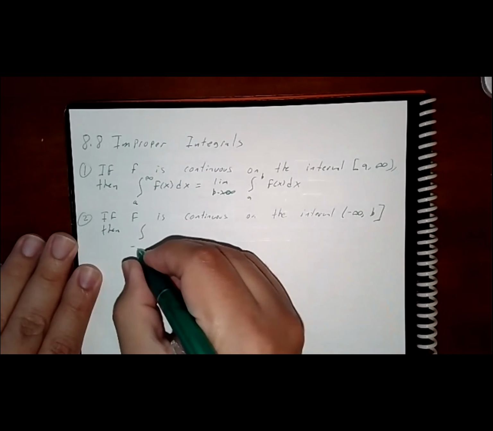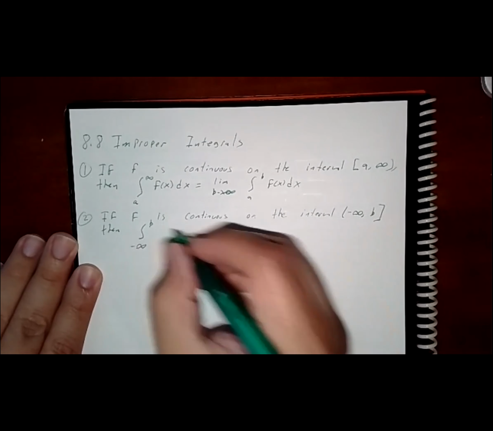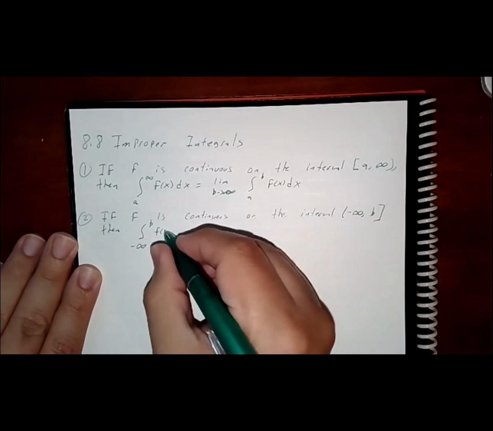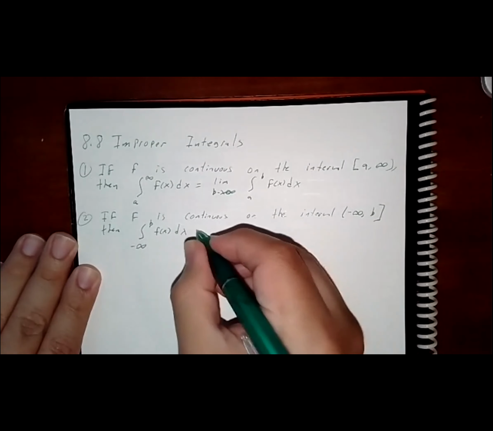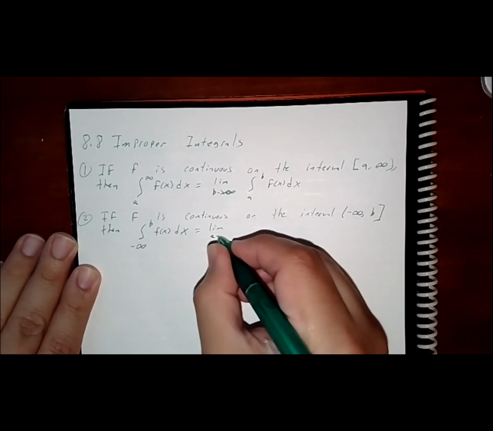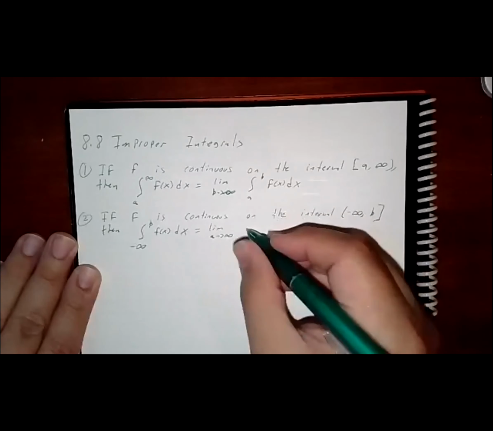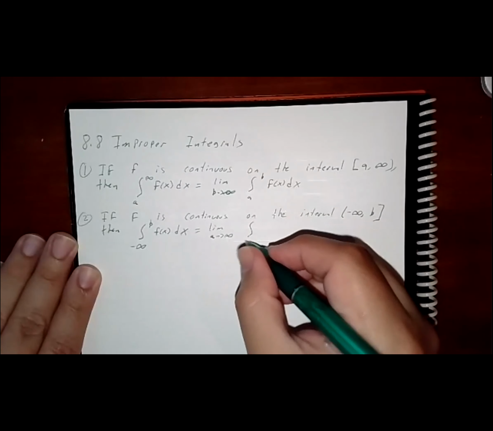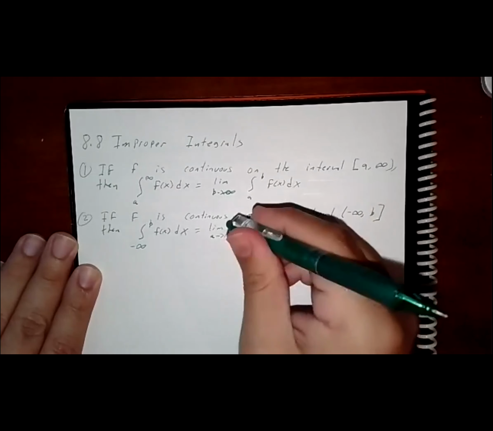So if you have negative infinity down here going to b of f of x dx, just change it to the limit as a approaches negative infinity of the integral.